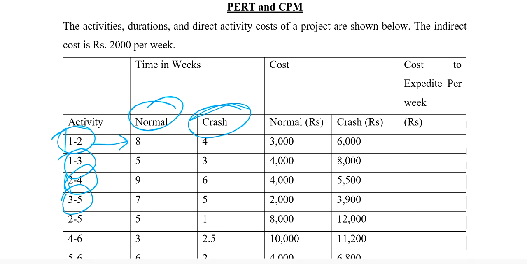But if I want to complete this activity in less than 8 weeks, here we have crash time. Crash time is the minimum time period in which I can complete the activity if I want to complete it in lesser time. Here it is given 4. As you can see, there is also a normal cost and crash cost given for the same activity.